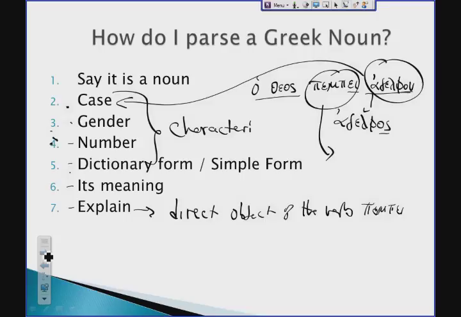If you know your luo, lueis, luei, luomen, luete, luousin. So here you are dealing with a present indicative active third person singular of the word pempo, meaning I send.